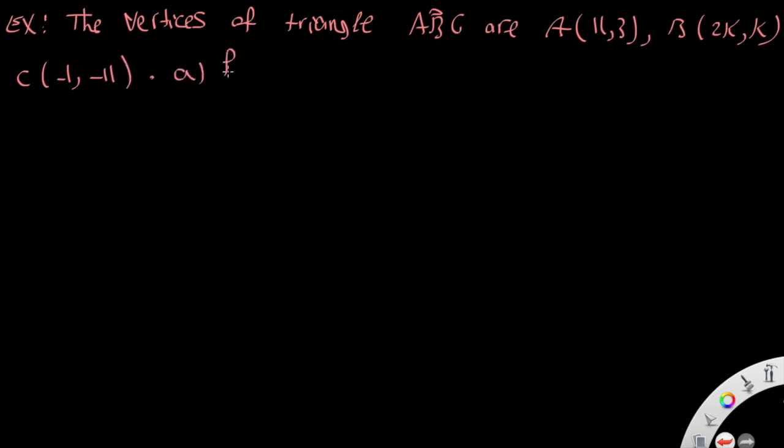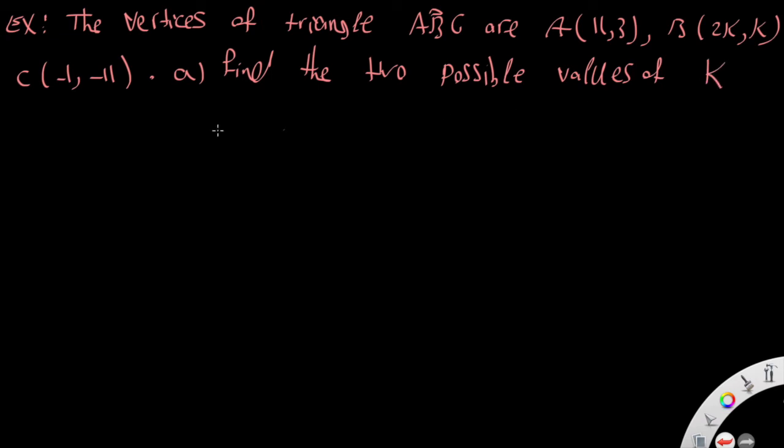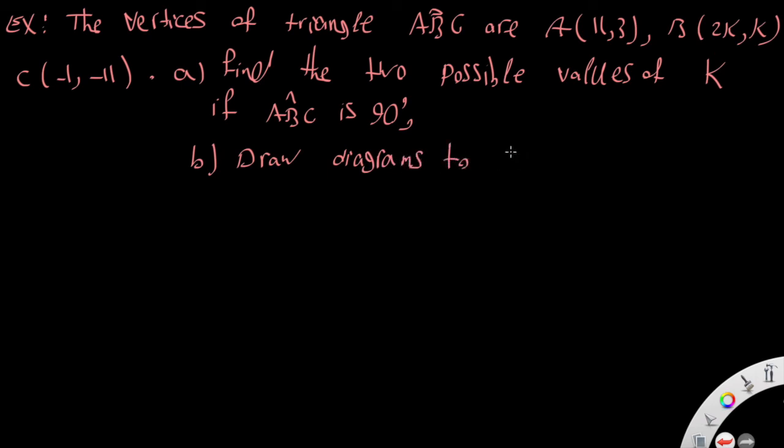Now part A, find the two possible values of k if angle ABC is 90 degrees, and part B, draw diagrams to show the two possible triangles.